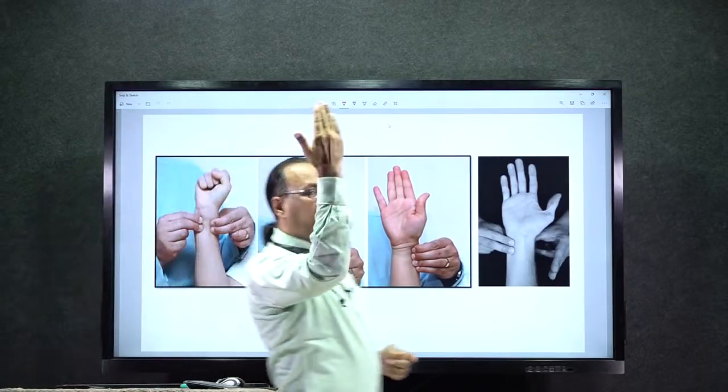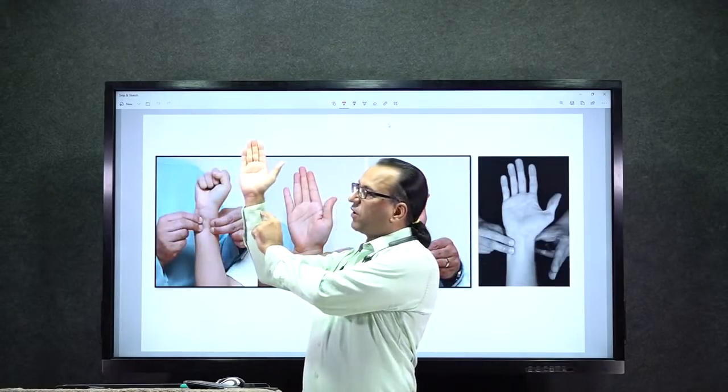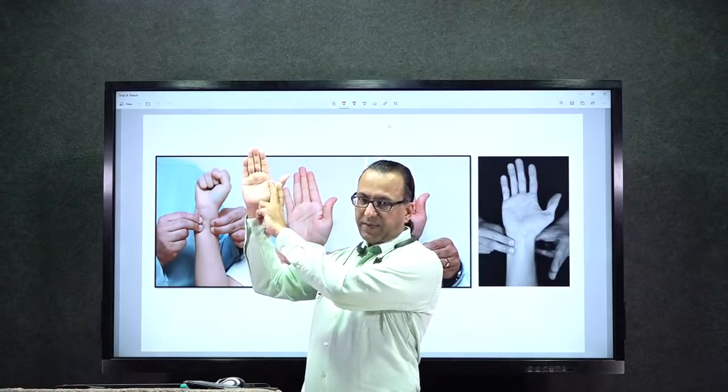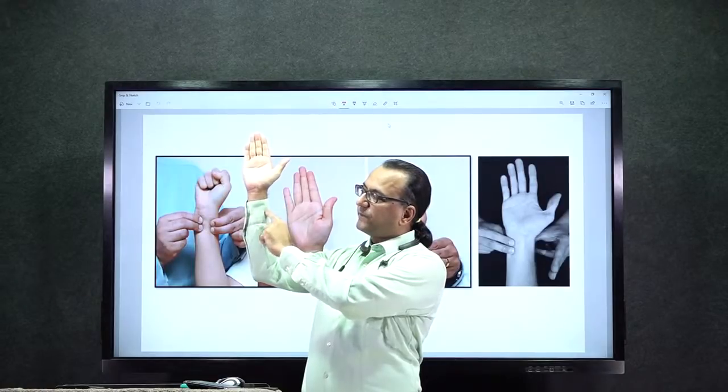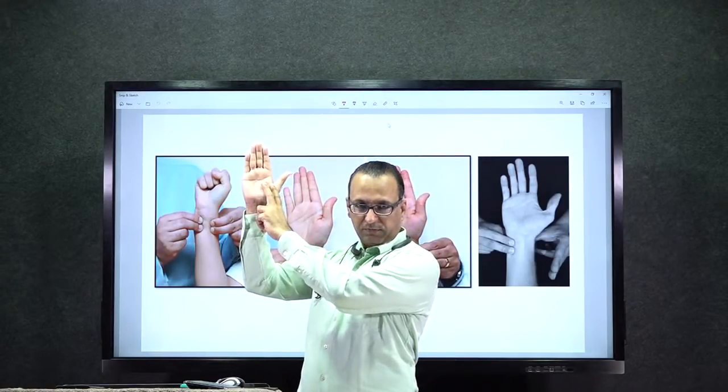See, when you take a sample from the radial artery, there might be a thrombus developing, and because of thrombus, the thumb area can go into ischemia. But that doesn't happen. Even if you have a radial artery thrombus, the thumb will not go into ischemia. And why not?